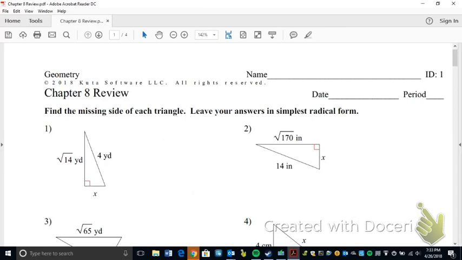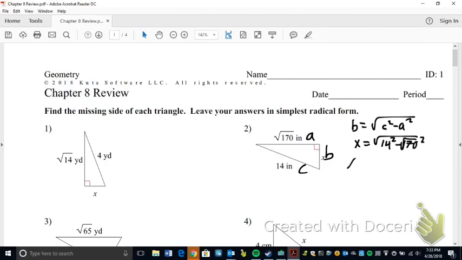On each one of these, label them a, b, c. Here we're missing b. b is our x. So we're going to use b equals the square root of c squared minus a squared. Then we just plug everything in. 14 squared minus the square root of 170 squared.